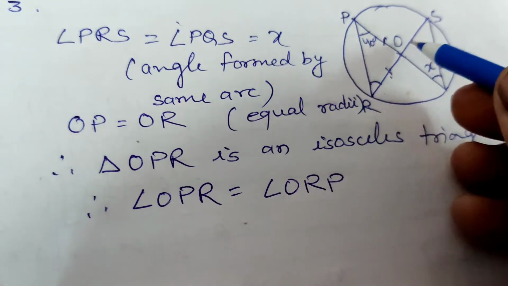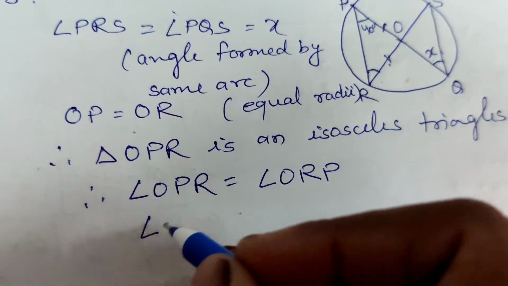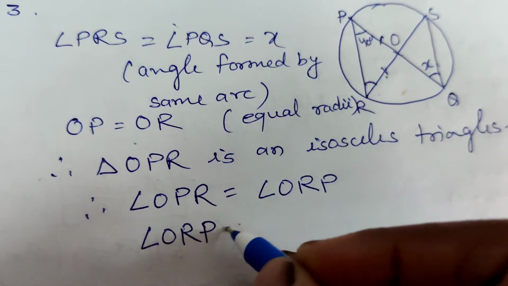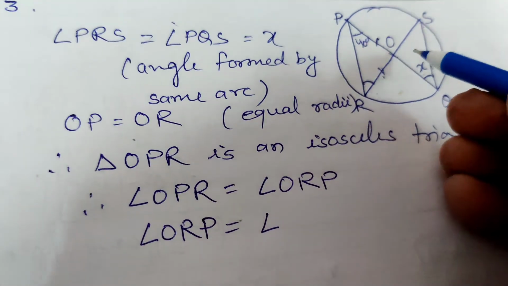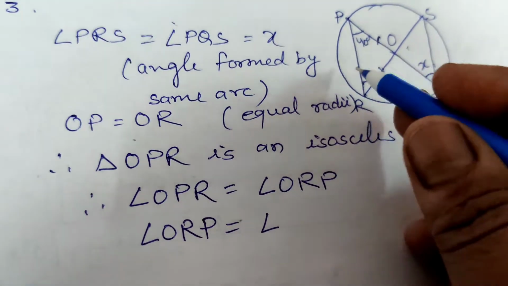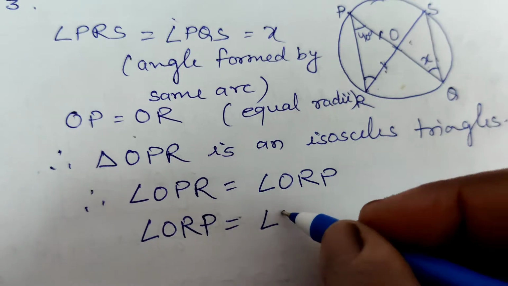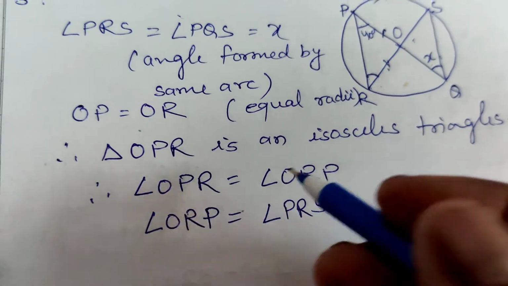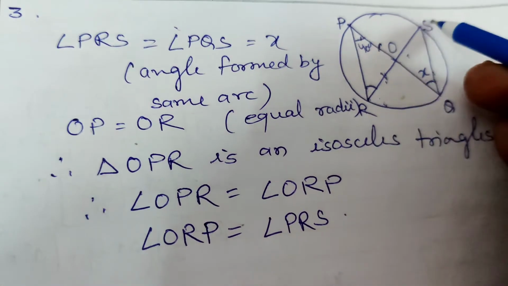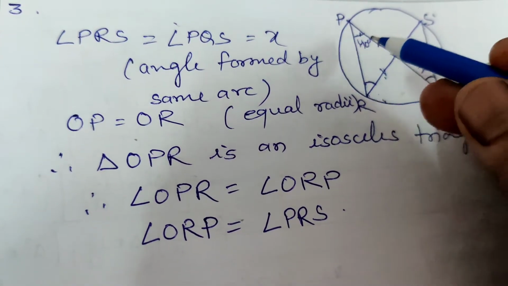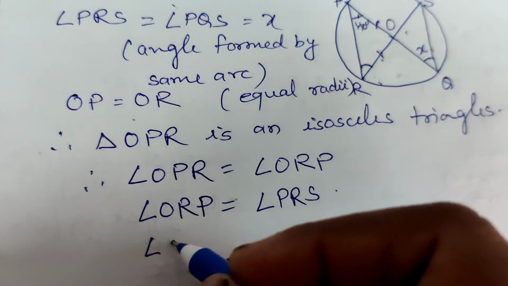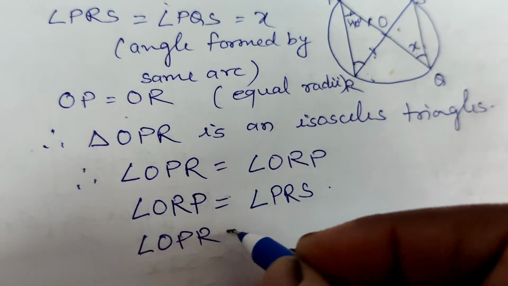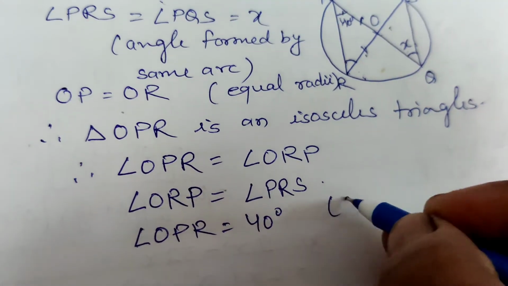OPR equal to angle ORP and angle ORP we can write SPR. What is the SPR? PRS. The angle OPR equal to 40 degree, given.